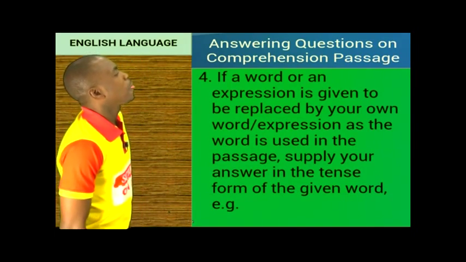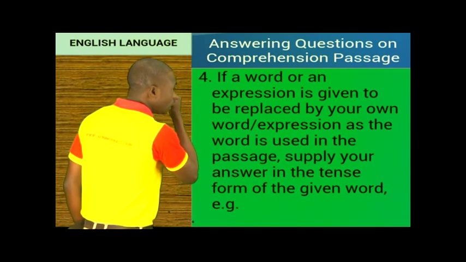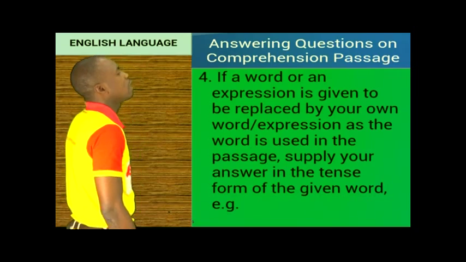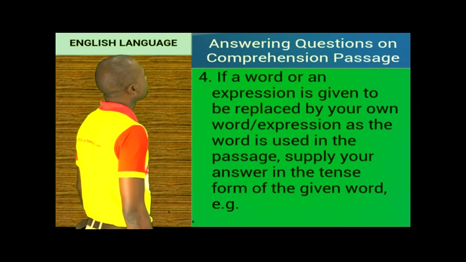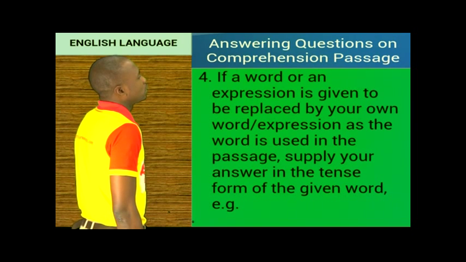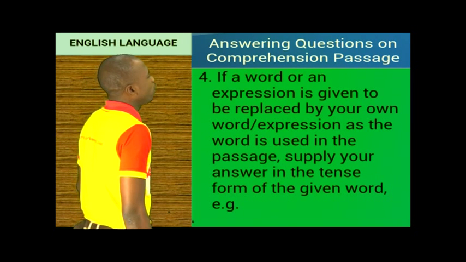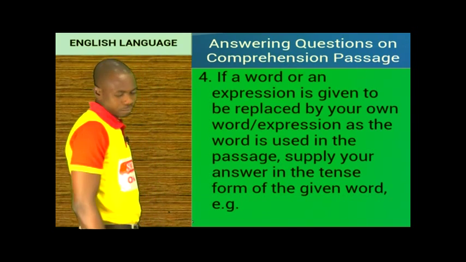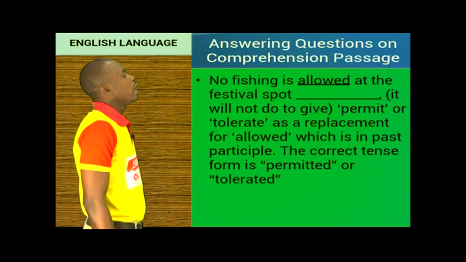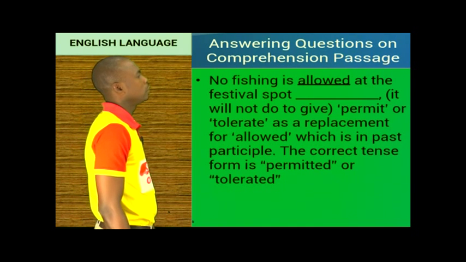Number 4, if a word or an expression is given to be replaced by your own expression, as the word is used in the passage, supply your answer in the tense form of the given word. For example, we have no fishing is allowed. You can see allowed as it is underlined on the board.